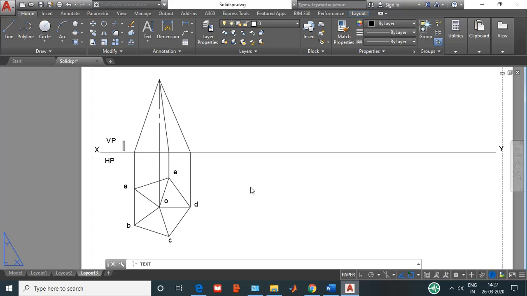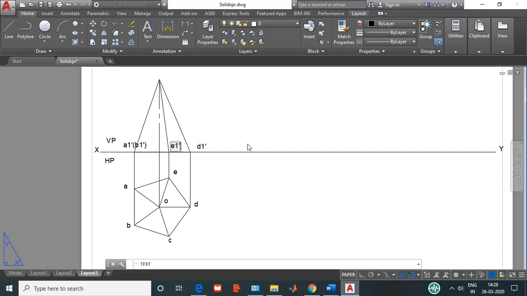Okay, so this will be bottom face A1 dash, within the bracket B1 dash, then here it will be D1 dash, and here it would be E1 dash and C1 dash at this point.